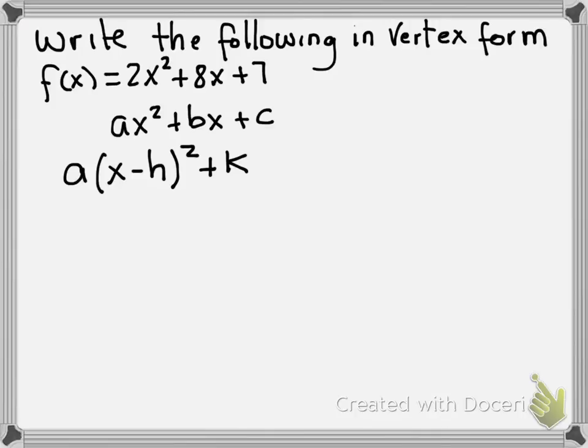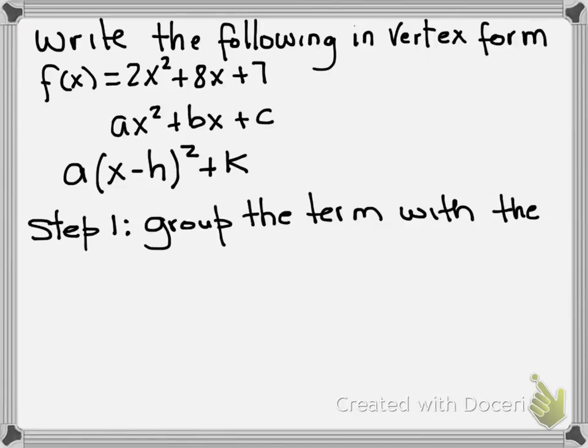Since the 7 is a constant, I leave the 7 out. I'm going to group the 2x squared plus 8x together.